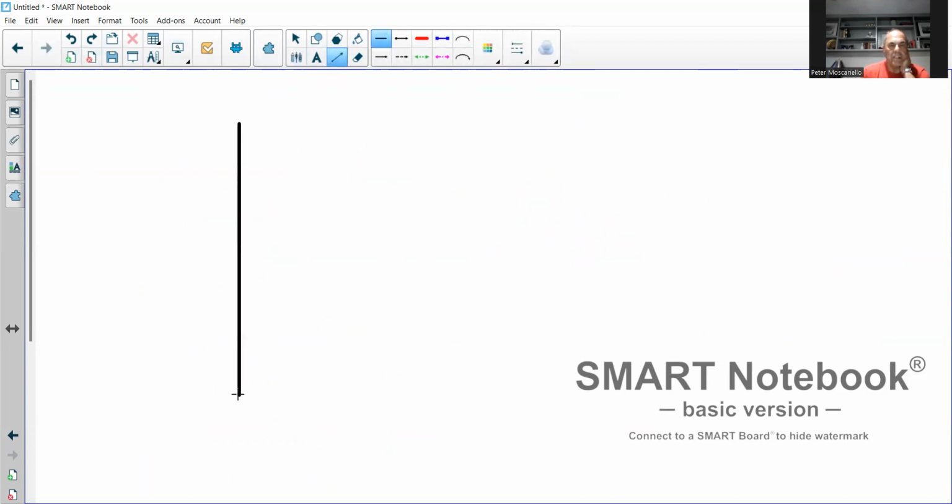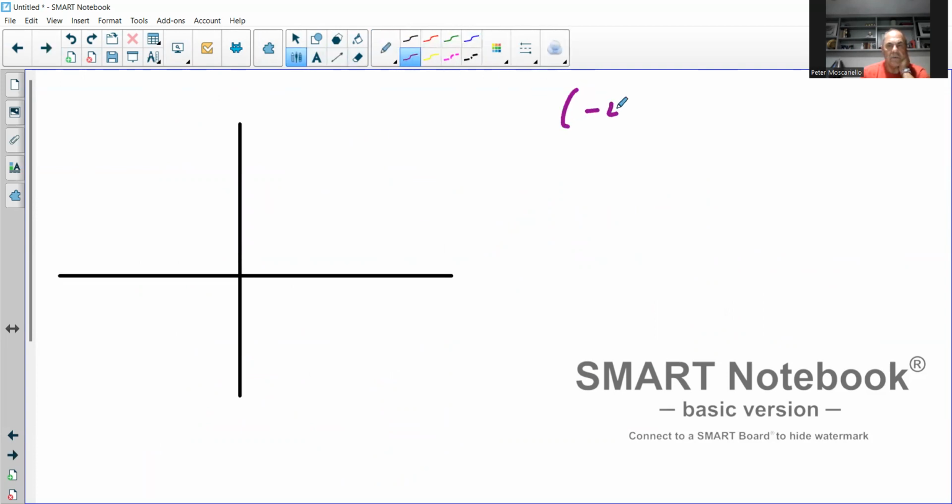How about you have the point -4 comma 5. And then find cosine theta, find tangent theta, and find cosecant theta. All right, so -4, 5 is in this quadrant.